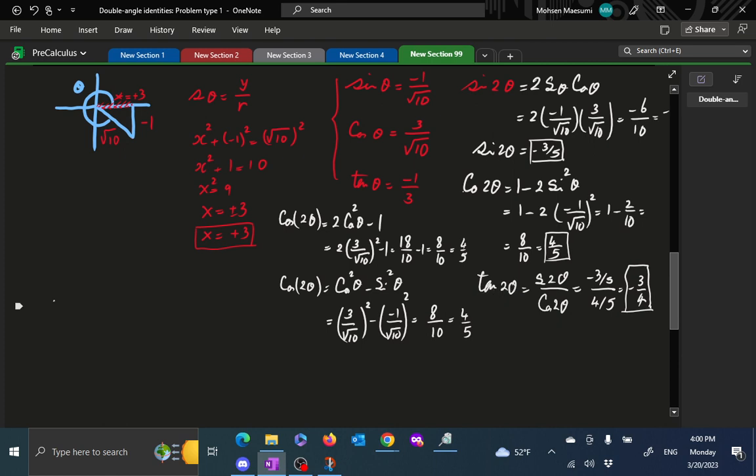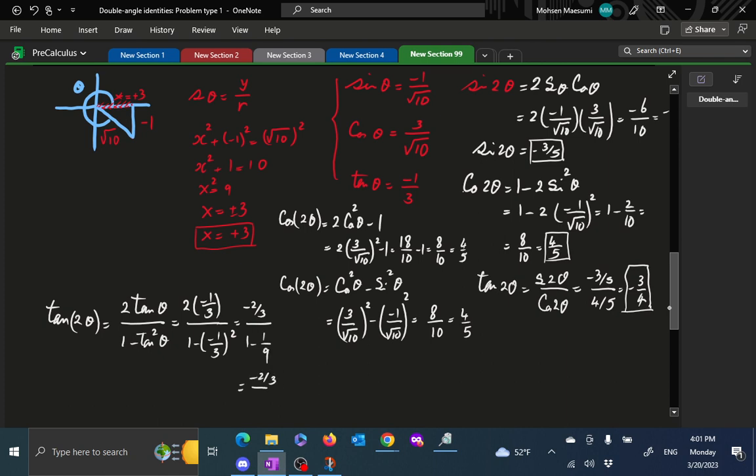For tangent also you have an additional option. Tangent of 2 theta, what is it that we learned? It's 2 tangent of theta over 1 minus tangent square of theta. We have to use tangent minus 1/3, so it's minus 2/3 over 1 minus 1/9, so minus 2/3 over 8/9.